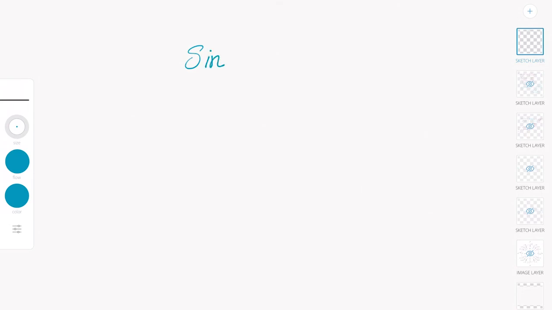Instead of sine, we can have cosine. Cosine of x equal to 5 cosine of x equal to 1, and they ask us to solve for x.